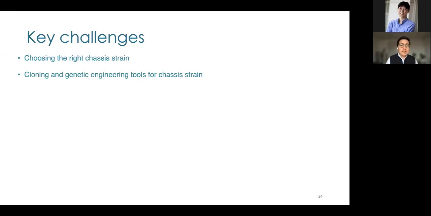And more importantly, they have mainly been studied in the context of a fermenter in a lab. They have rarely been studied in an environment that is closer to the gut environment.